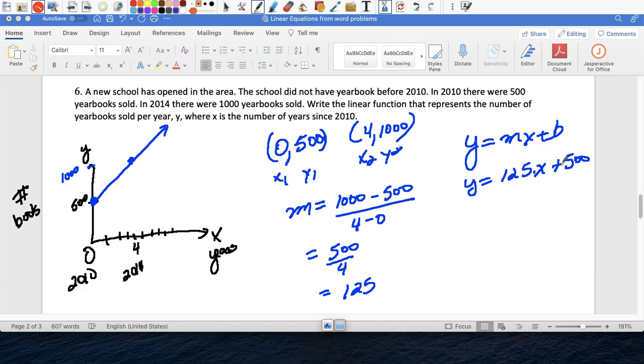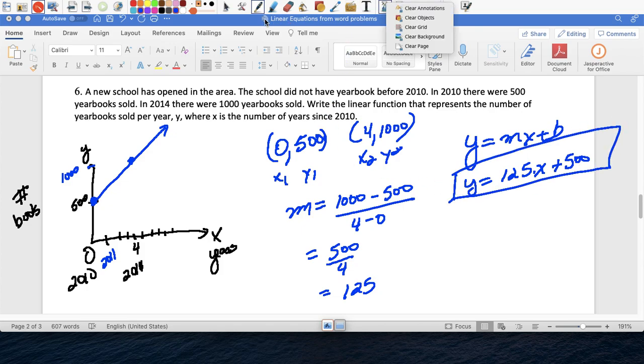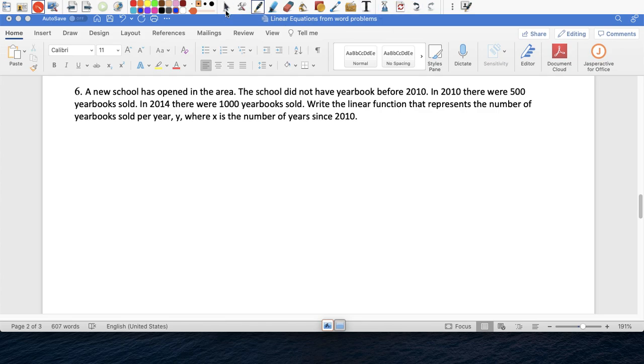So if I asked you, think about this, in 2011, how many books did the library have? Well, it would be 125 times 1 plus the 500 that they already had. How many books in 2012, which was 2 years after? Well, it'd be 2 times 125 plus 500. Okay, so there is my equation. Clear?